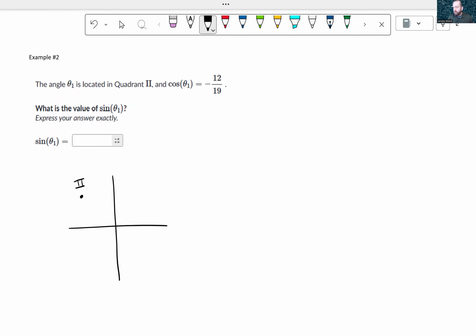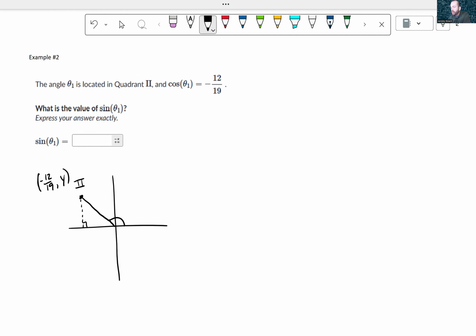So here's our angle, like that. And if we draw our triangle, we know cosine of the angle is negative 12 over 19. So we have negative 12 over 19, comma y is where that point is. And we want to find out what y equals.